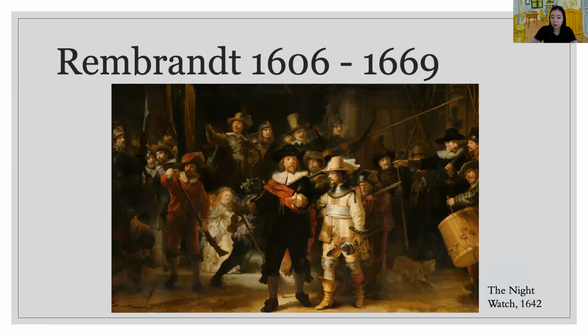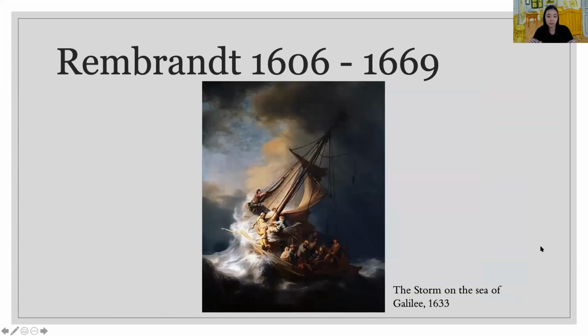Rembrandt was the first to paint all of the figures in a civic guard in action. And he has an excellent technique to capture a moment like this painting. We can see the wild sea in a storm, which feels like a rage of the sea.